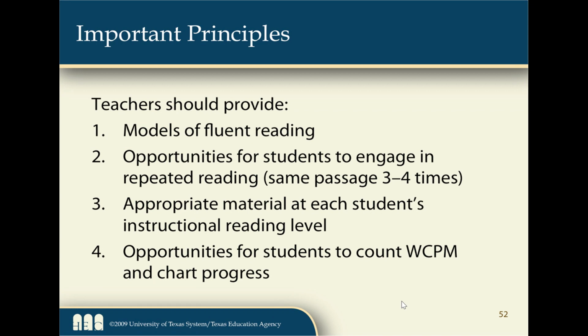And then allow the students to count their own fluency, accuracy, and rate. So when the students know what their accuracy and rate levels are, they are a little more competitive and they're more interested in reading and hopefully building on their fluency skills.